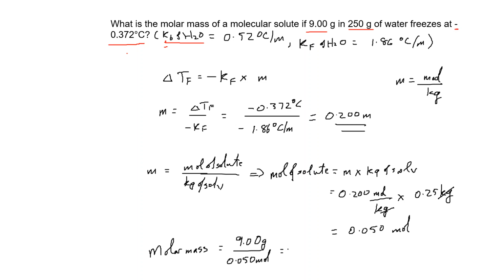So 9 divided by 0.05. And according to my calculations, this works out to be, again, we have to round off to 2 sig figs. So this would be 180, and the units would be grams per mole.